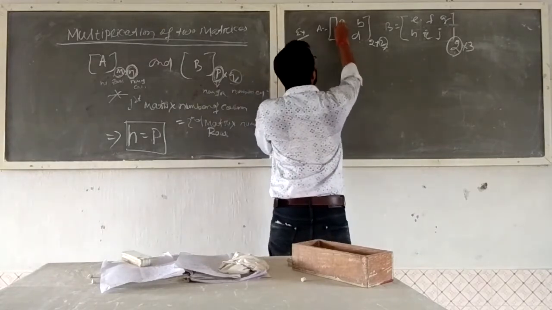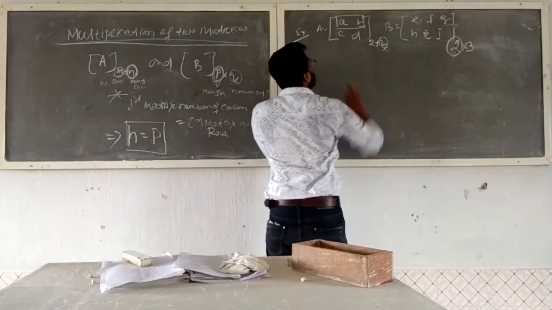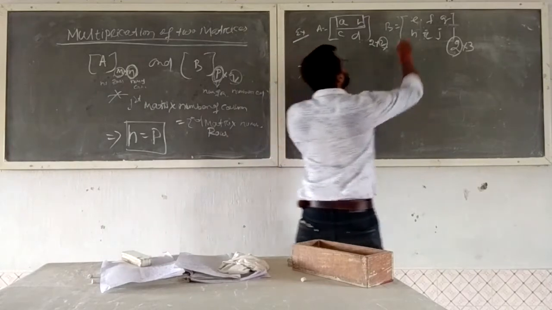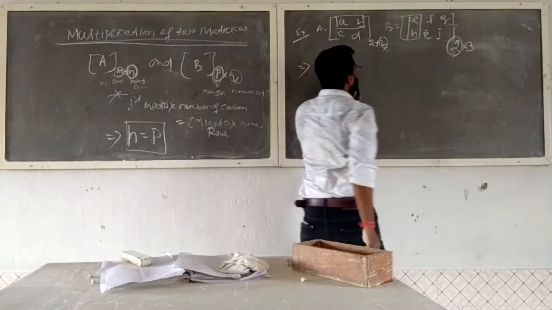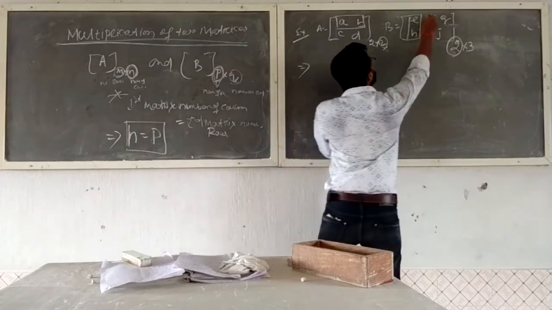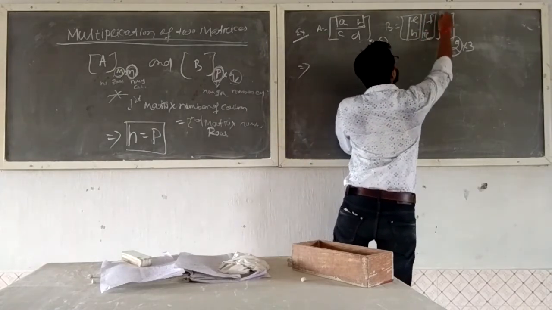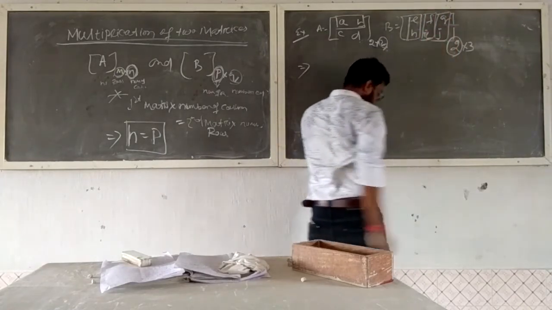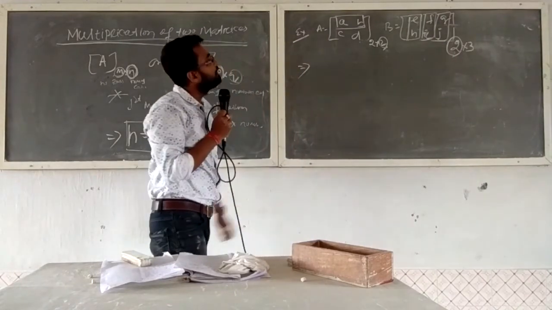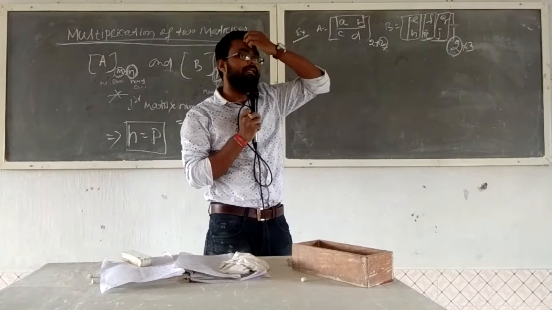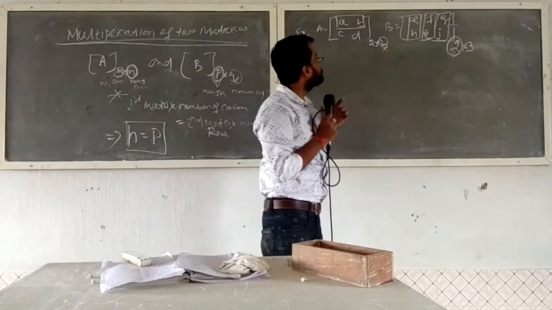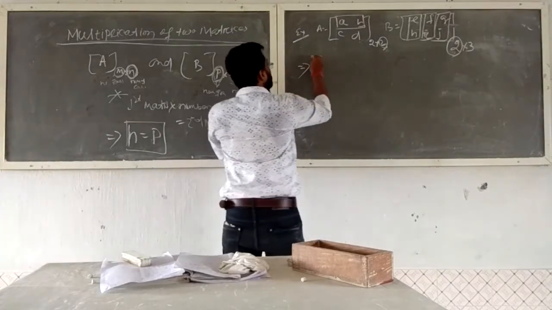The first row of the first matrix is multiplied with the columns of the second matrix: the first column, then the second column, then the third column. The row will be multiplied with the second matrix up to the ending column.